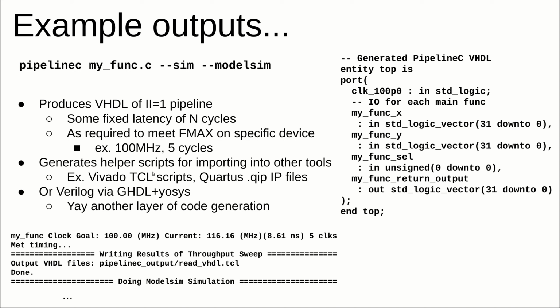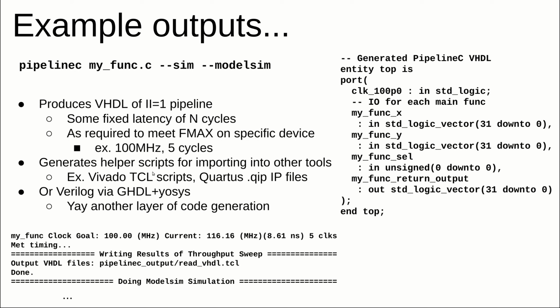The tool also generates scripts that help you bring these VHDL files into Vivado or Quartus. And there is also another layer you can strap on here, which is a conversion to Verilog, which makes use of the GHDL plugin for Yosys, and Yosys to do another layer of code generation.